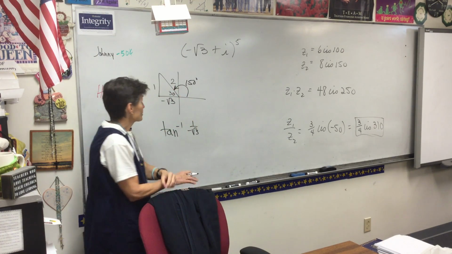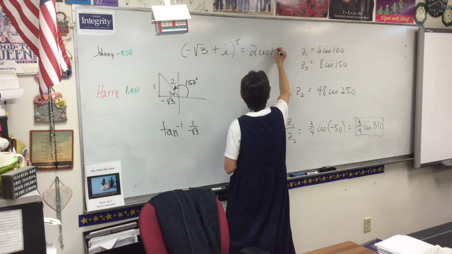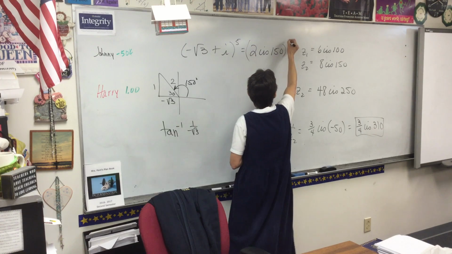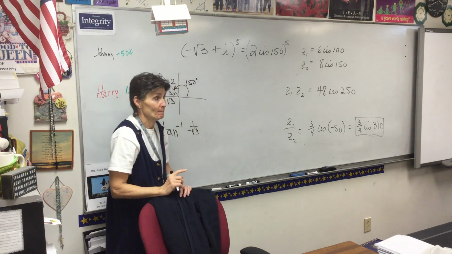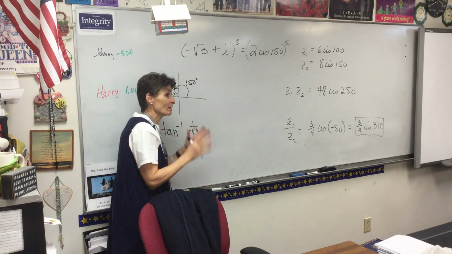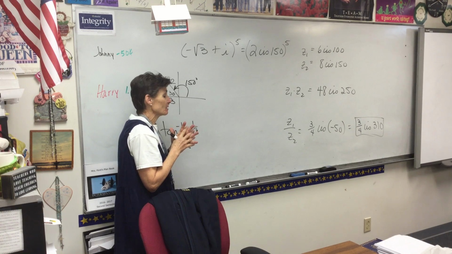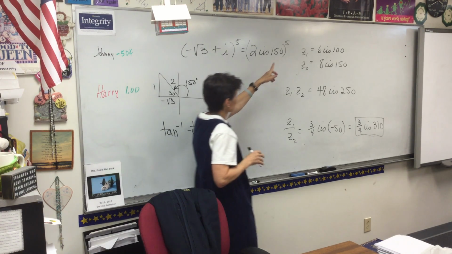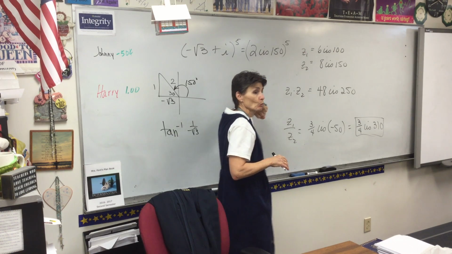Yeah. So my number is 2 CIS 150. That is not the answer to the problem. Sometimes we get so excited and we think, oh, there it is, there's my polar form. But that's not the polar form of the answer. We still need to take it to the 5th power. So what does our rule say?